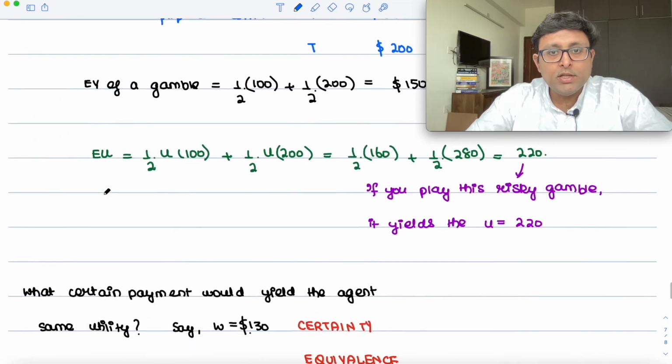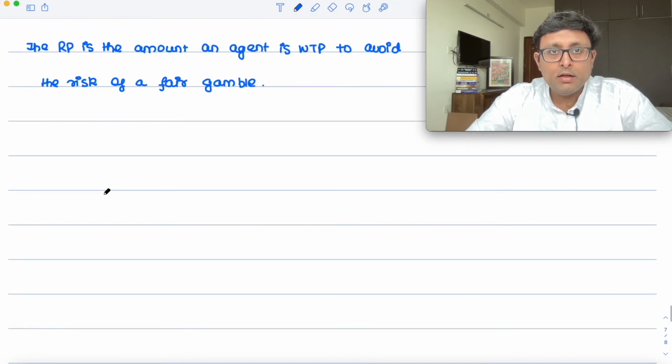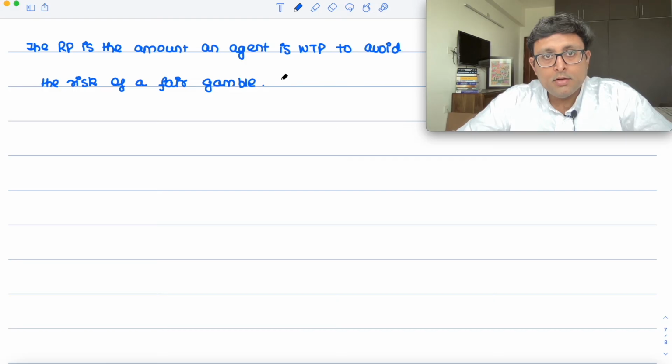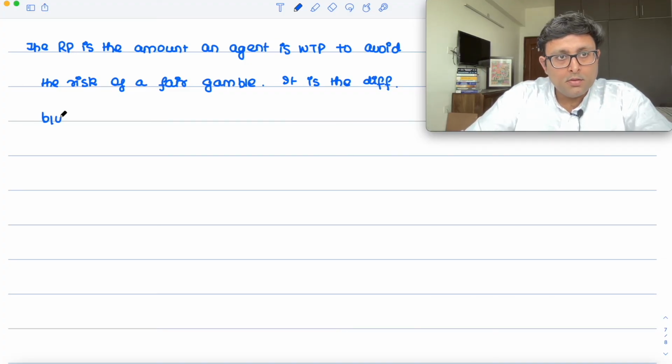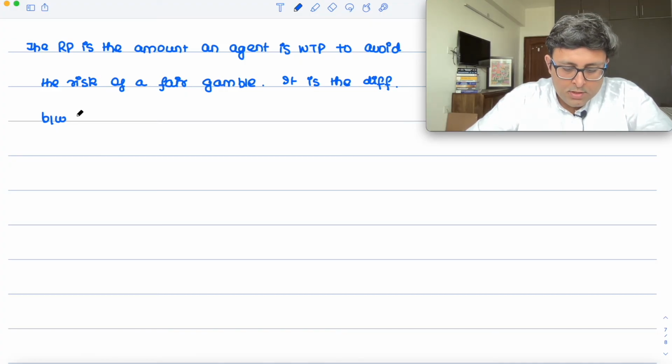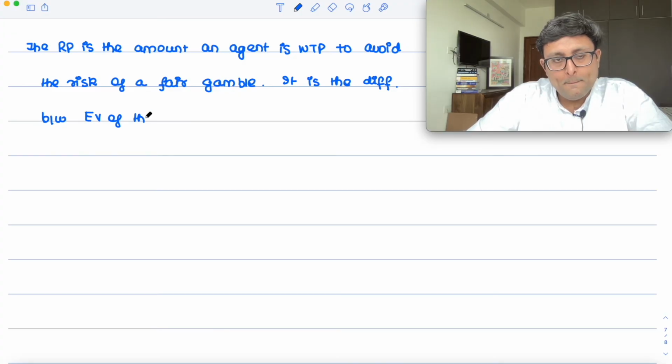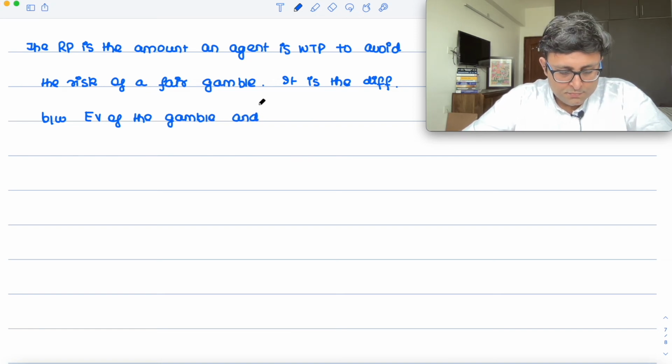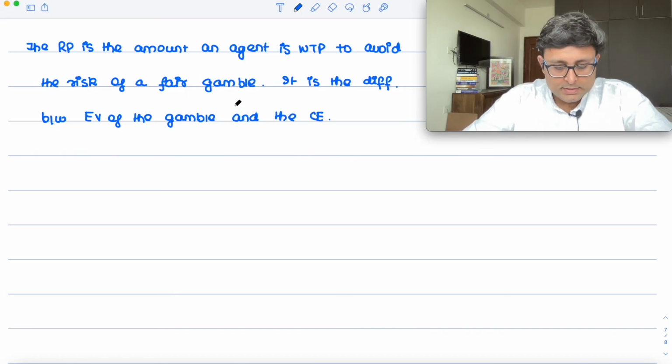So this is what the difference between, please write, it is the difference between the expected value of the gamble and the certainty equivalence.